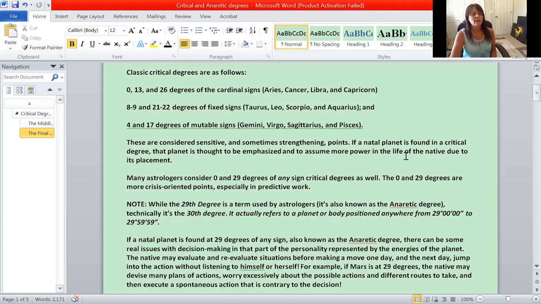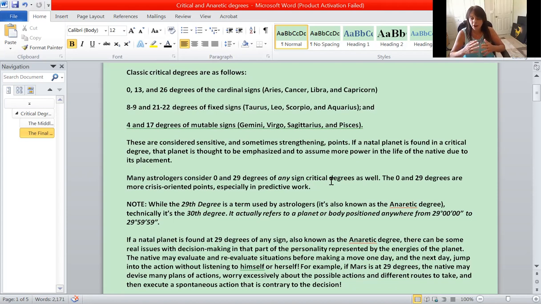Okay, these are considered sensitive and sometimes strengthening points. If a natal planet is found in a critical degree, that planet is thought to be emphasized and to assume more power in the life of the native due to its placement. If that planet is in an easy aspect, it will lend itself more easily to that critical degree.